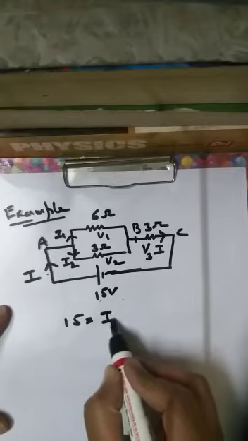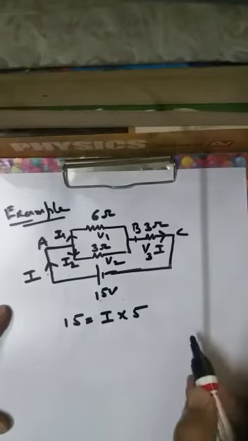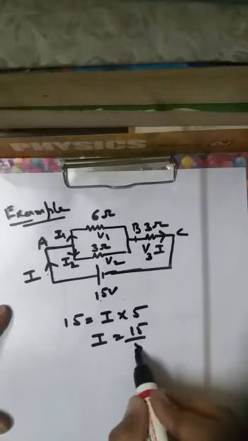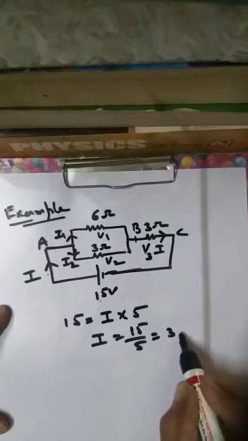We want to calculate I, and we got the resistance value is 5. Then I is equal to 15 upon 5 is equal to 3 ampere.